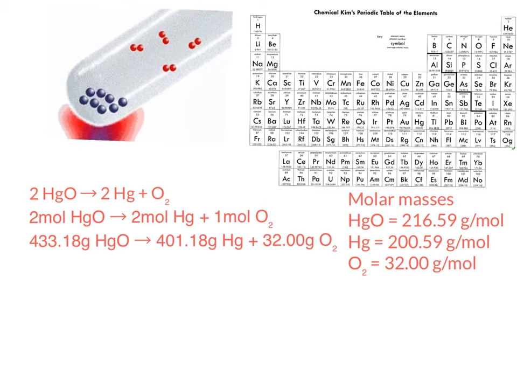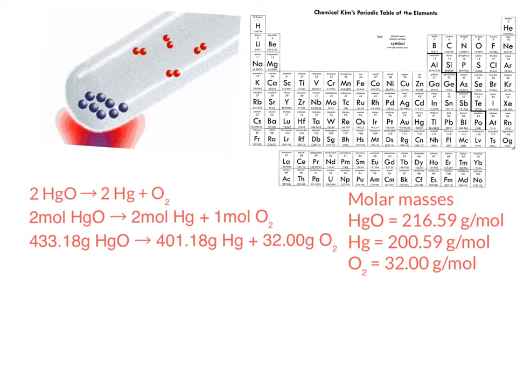So in this reaction, we have a balanced equation written, and that is 2 HgO producing 2 Hg and 1 O2. And that relationship we can look at in terms of a mole ratio. So that would be 2 moles of mercury oxide to produce 2 moles of mercury and 1 mole of oxygen. If we wanted to use applications of that where we would measure out these quantities, what we would use is the molar masses.